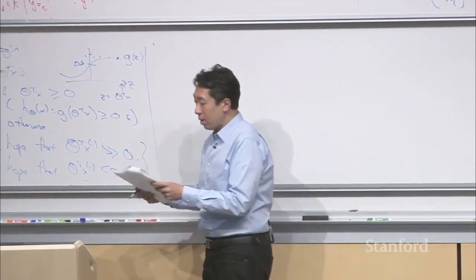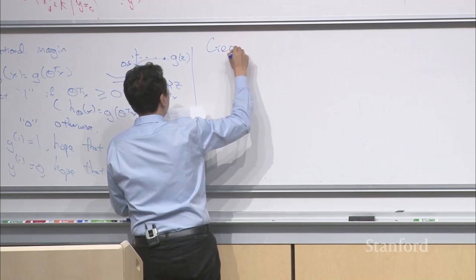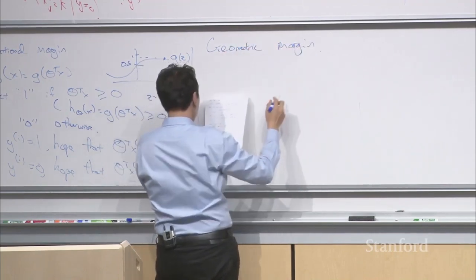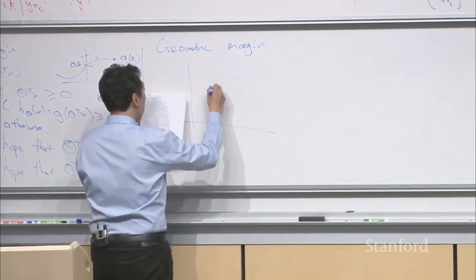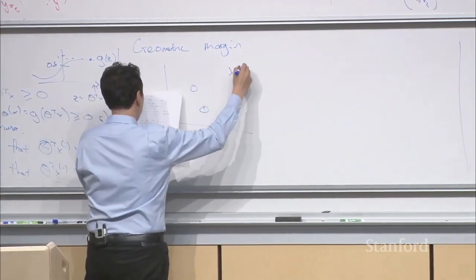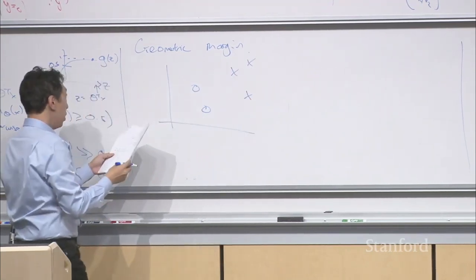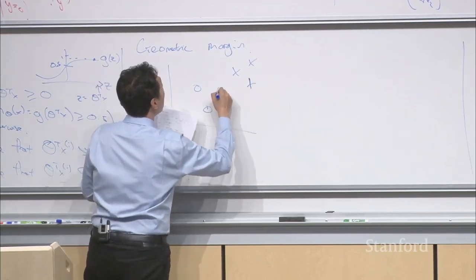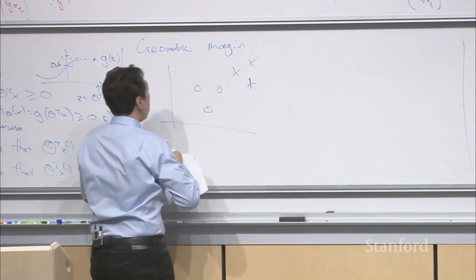To look ahead a little bit, there's a different thing we'll define in a second, which is called the geometric margin, and that's the following. For now, let's assume the data is linearly separable. So let's say that's the data set.